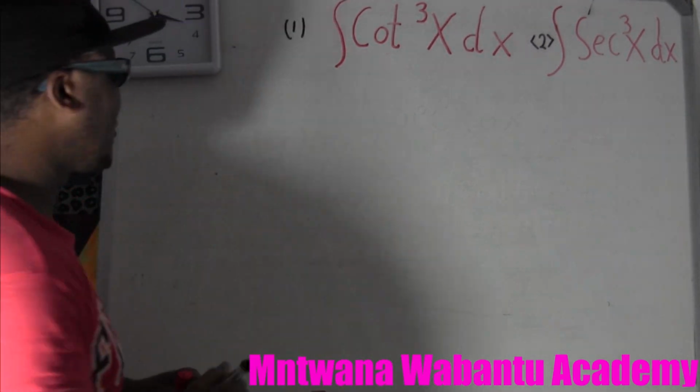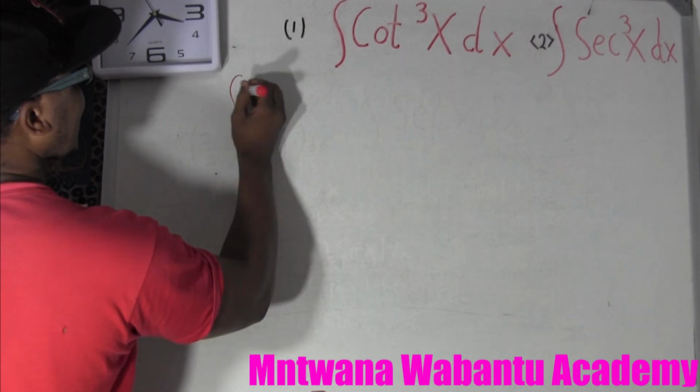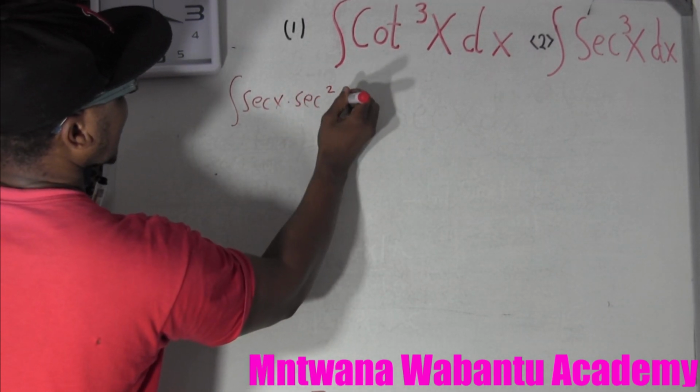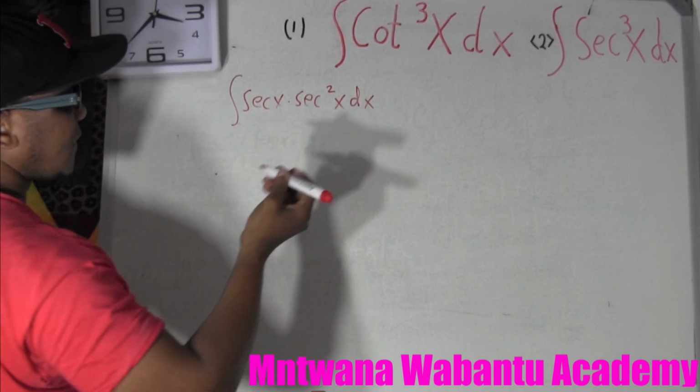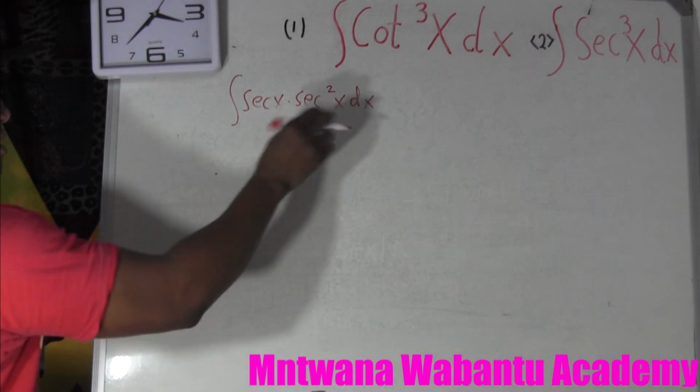Okay, let's go. So we have here the integral of sec cube. Sec cube, we'll say sec x and sec square, and after that I'm going to do integration by parts.